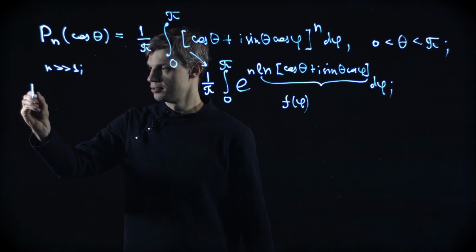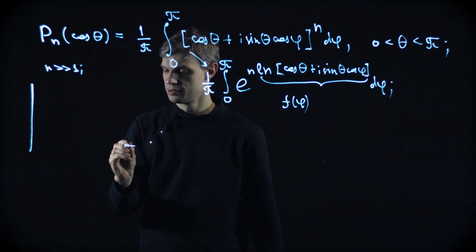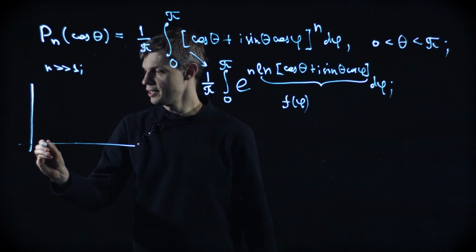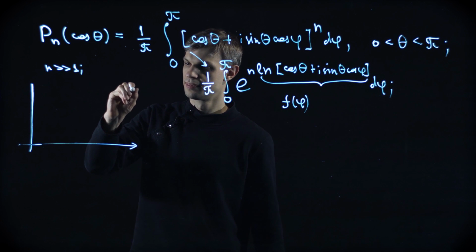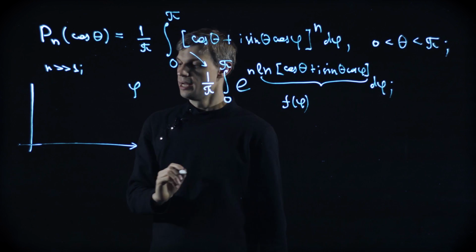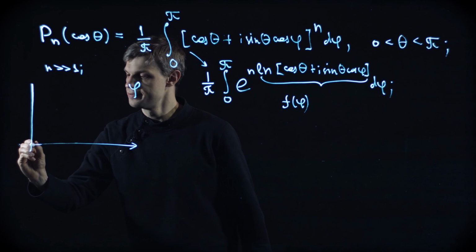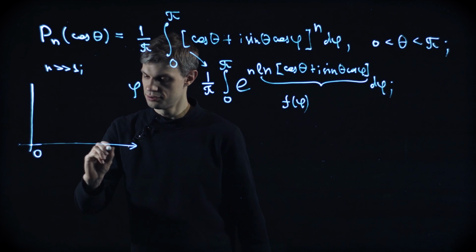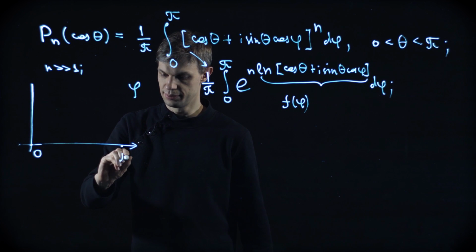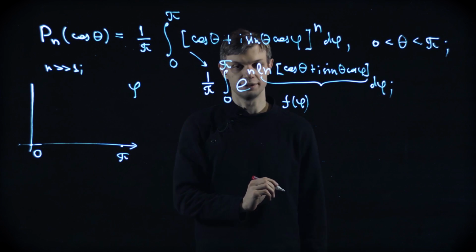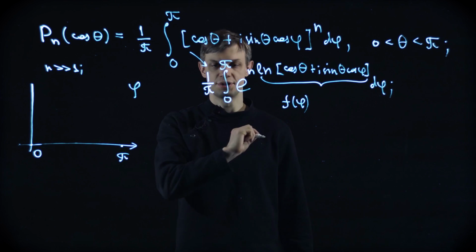So let's draw the corresponding complex plane. This is our phi angle, and the integration segment is from 0 to pi. All right, let's find the corresponding saddle.